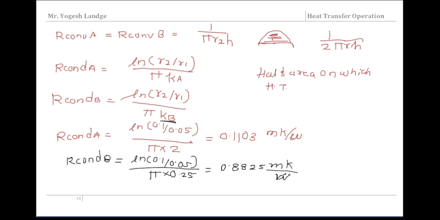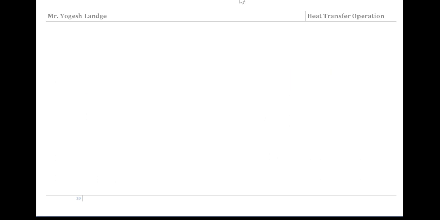Similarly, I have to do the calculation for R convection A and R convection B, which have the same value. I can write the formula to calculate it: I put the values into the formula, pi into the value of R on which the heat is transferred, 0.1, into h, the heat transfer coefficient, which is given as 25.